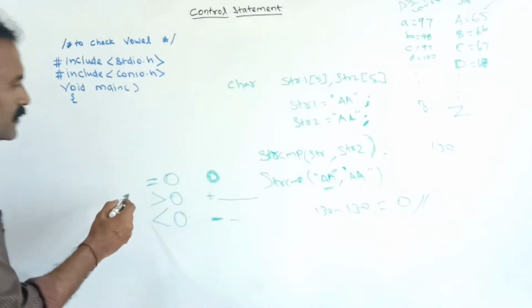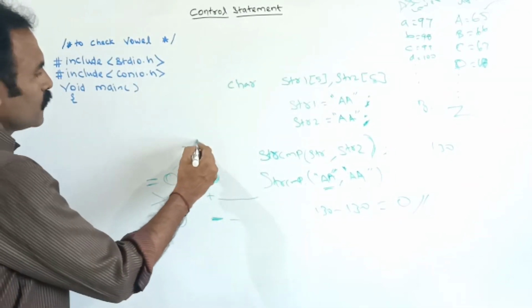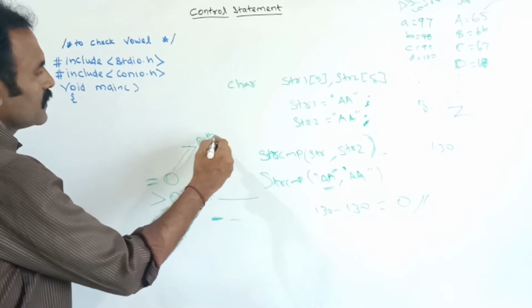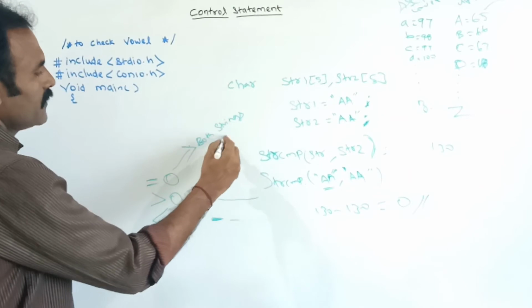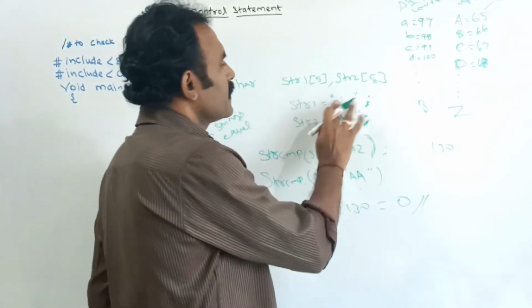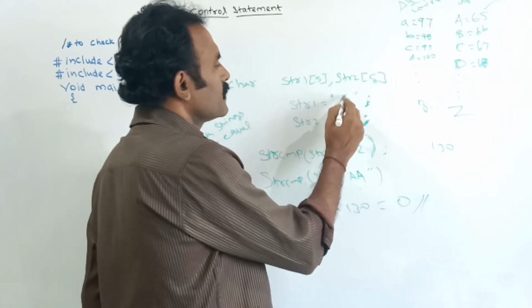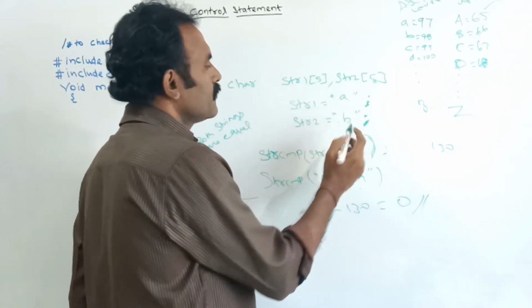If it is 0, then both strings are equal. Let us keep string 1 as small letter a, and string 2 as small letter b.